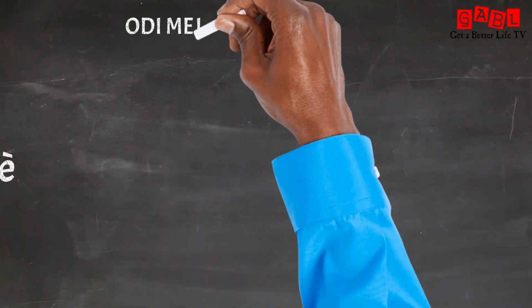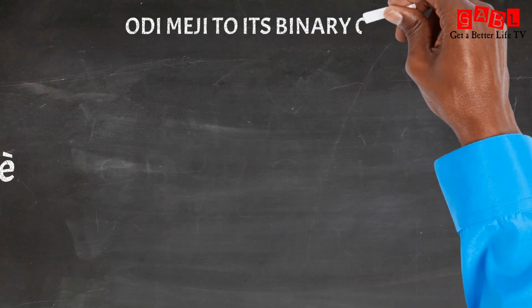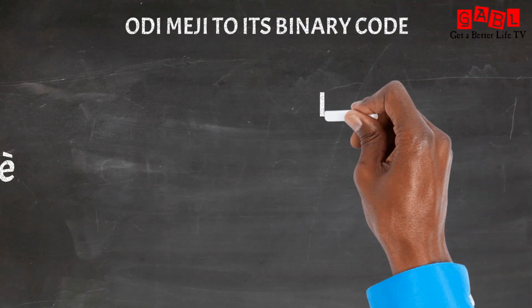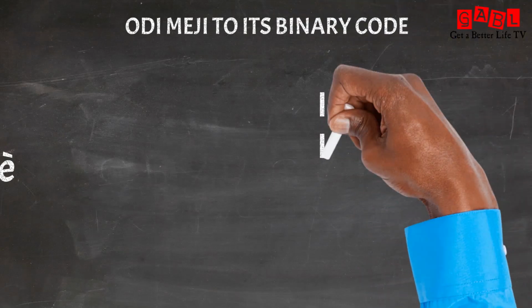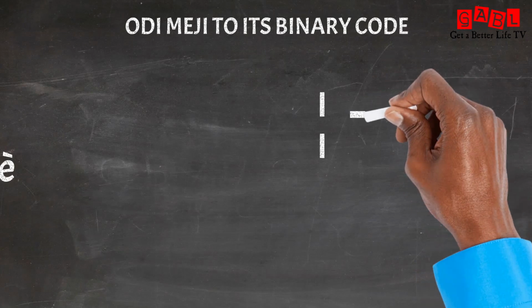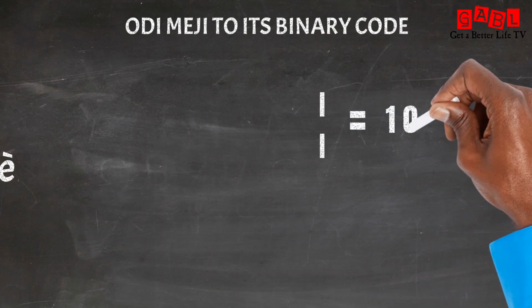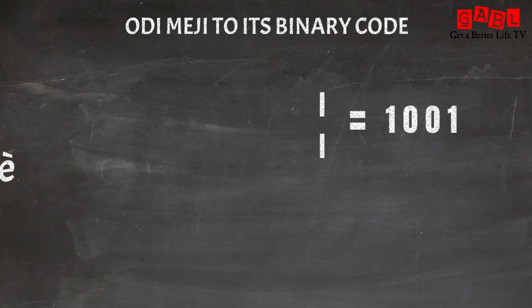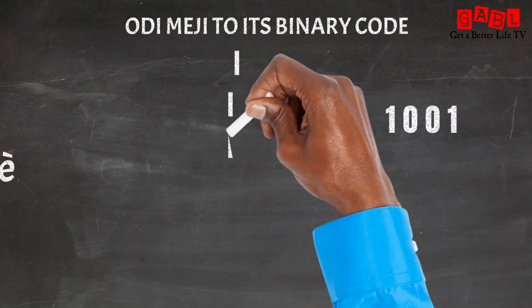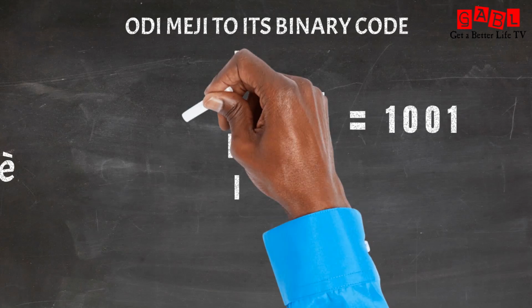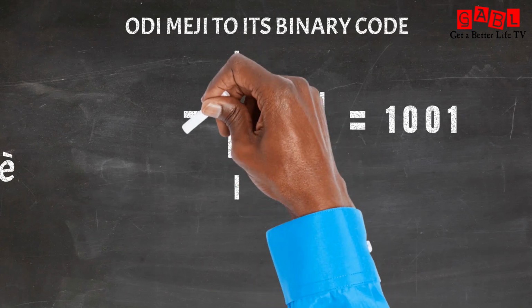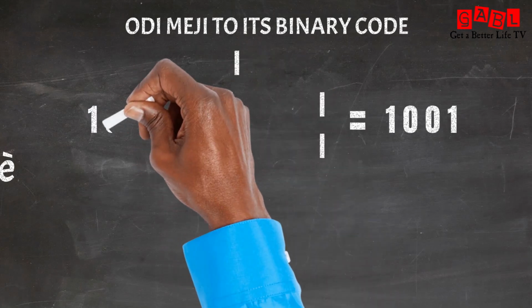The right column, top to bottom, has single line, double line, double line, single line. This translates to 1, 0, 0, 1. The left column also has single line, double line, double line, single line.